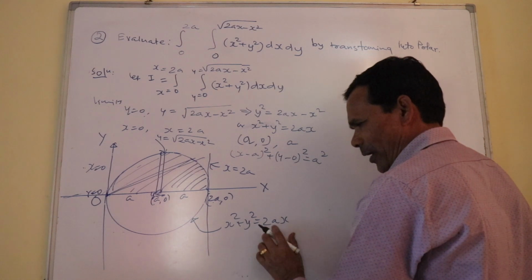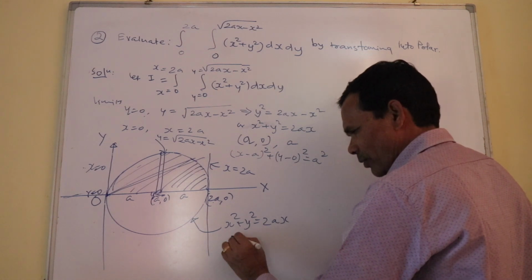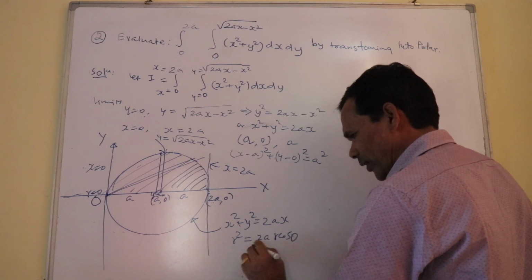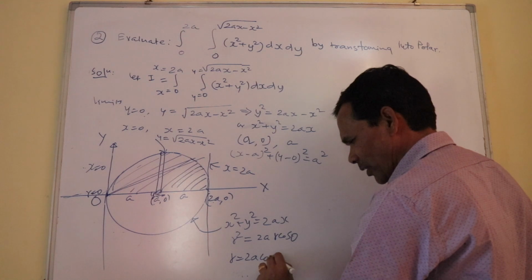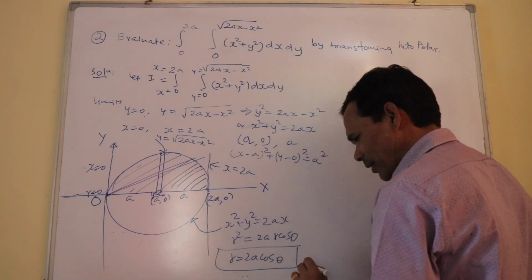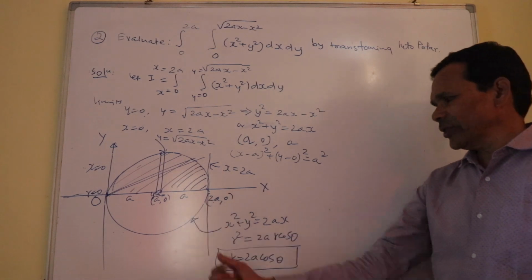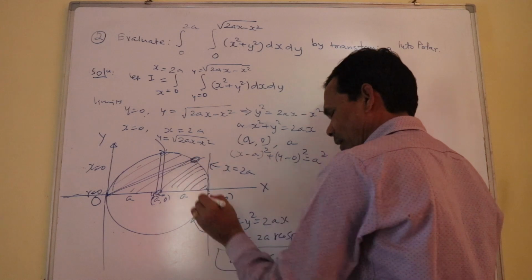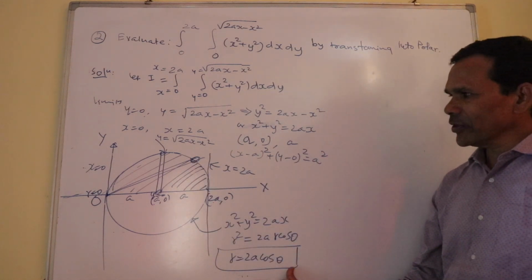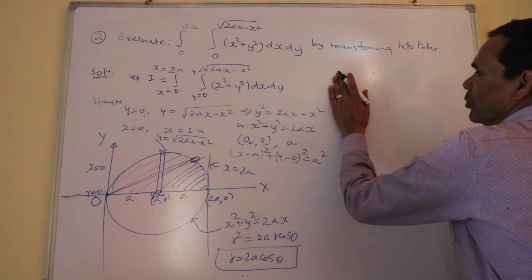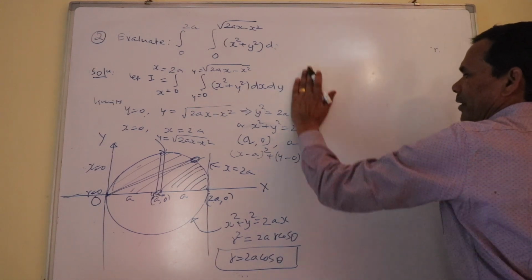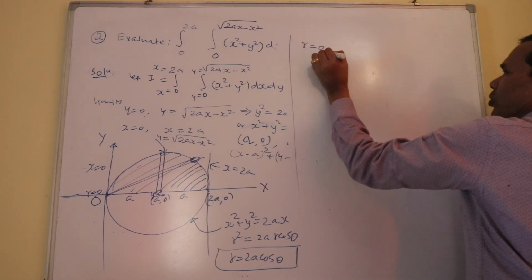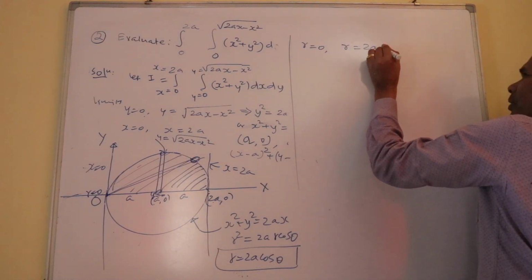We transform this into polar: x square plus y square is r square, and 2ax is 2a r cos theta. I simplify this: r is equal to 2a cos theta. This is the standard equation in polar form of the circle with center at a, 0 and radius a. So at this particular point, r goes from 0 to r is equal to 2a cos theta.